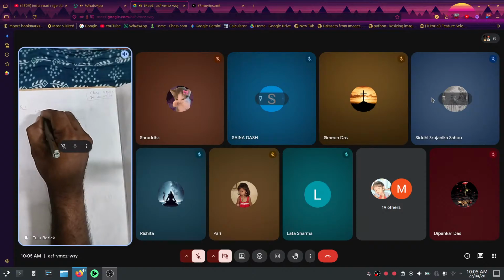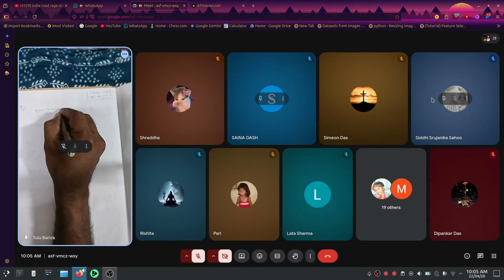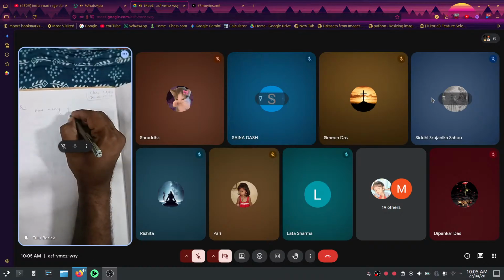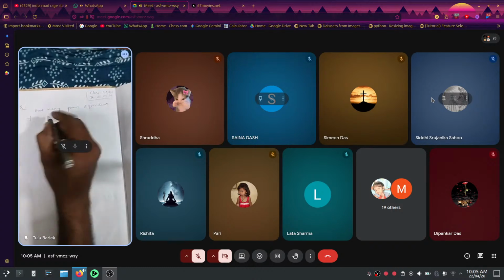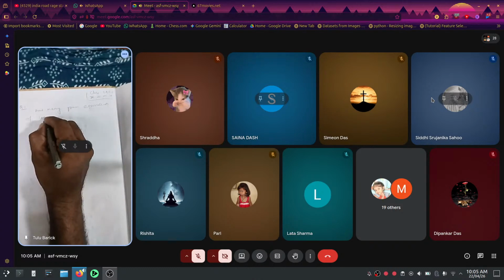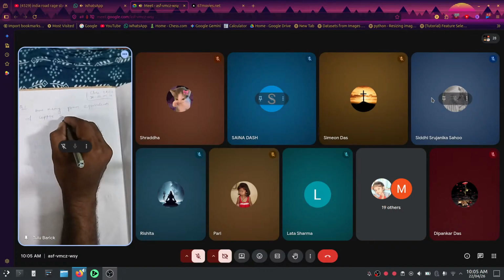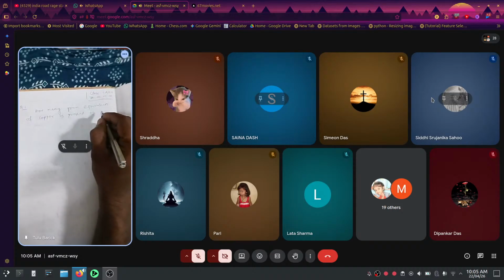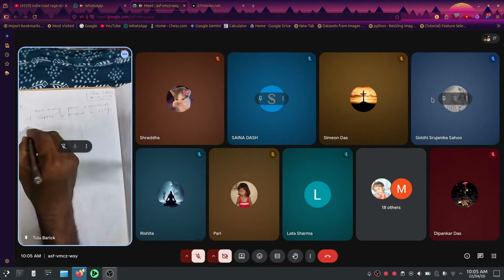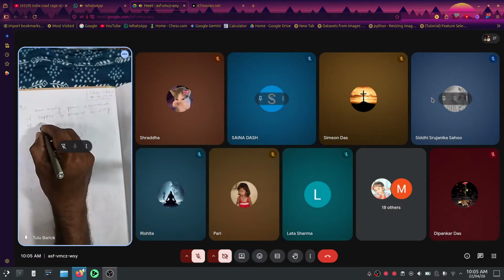Write one more question. How many gram equivalents of copper is present in 635 gram of copper sulfate?